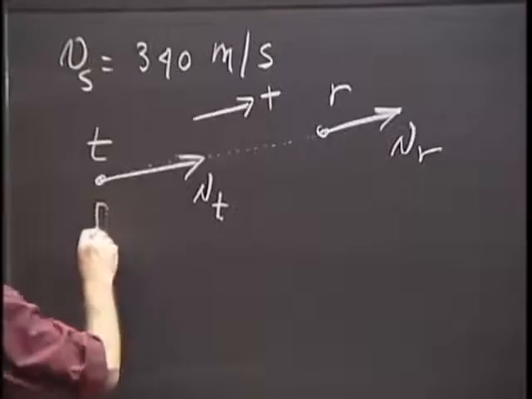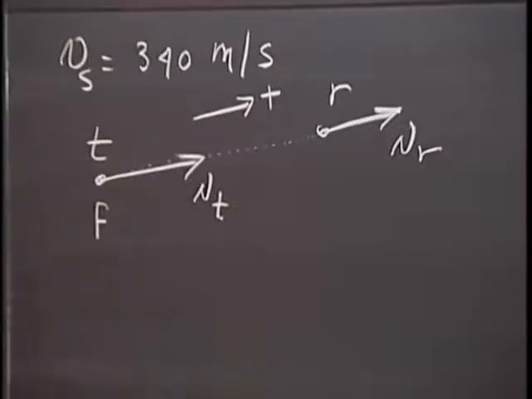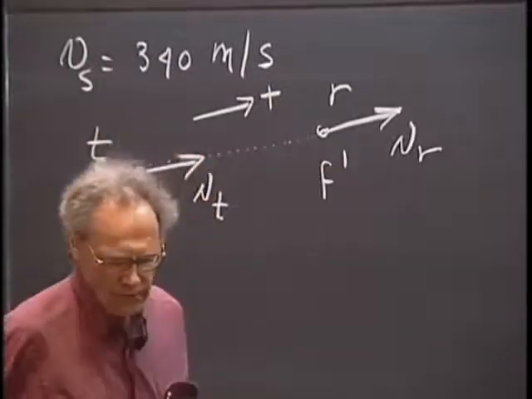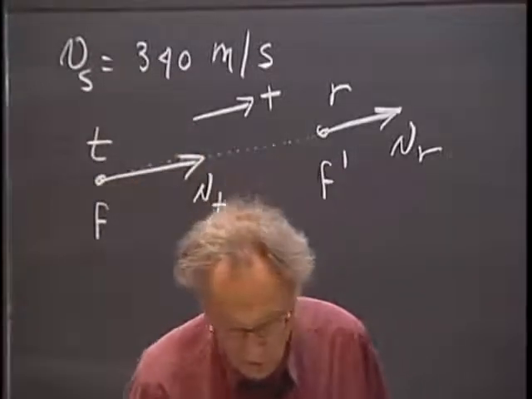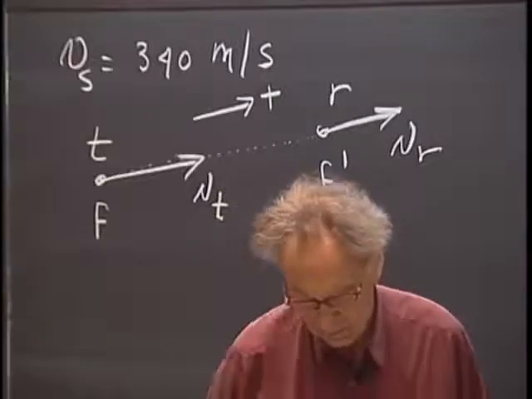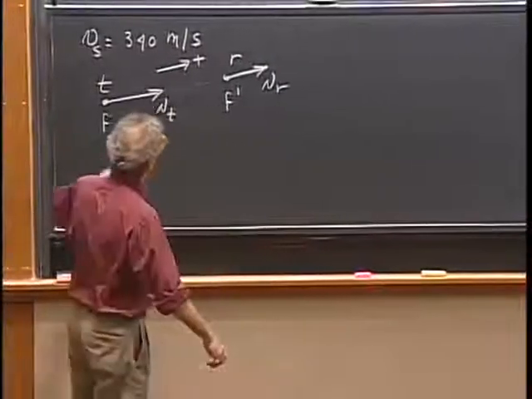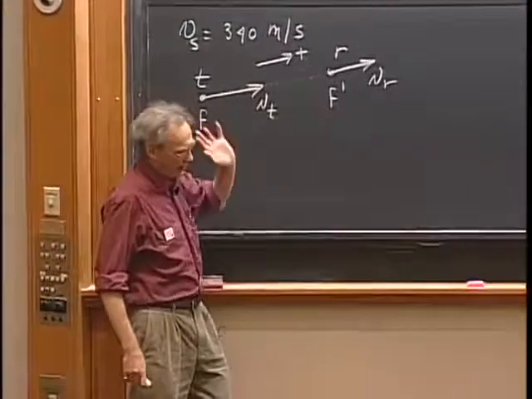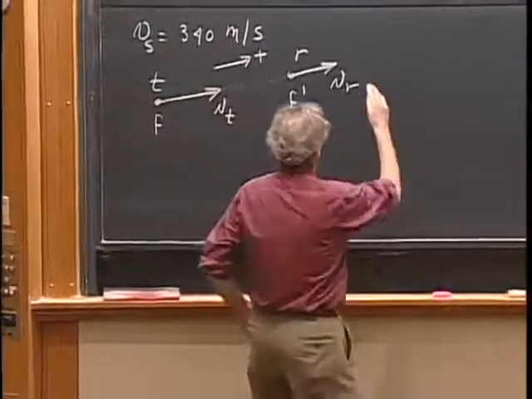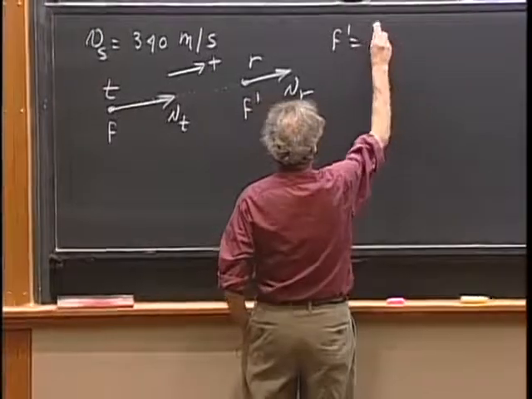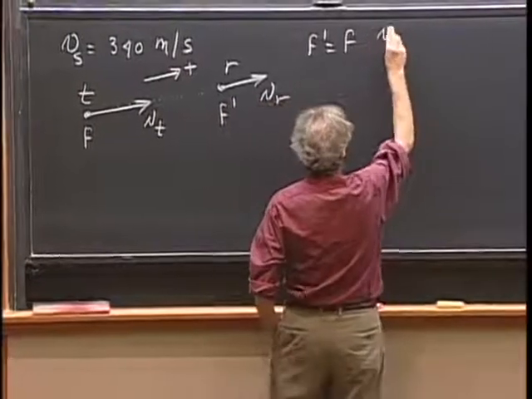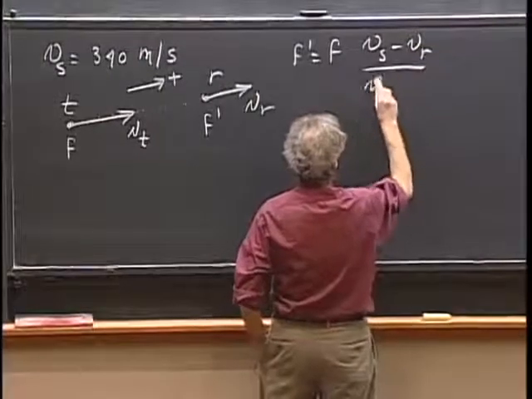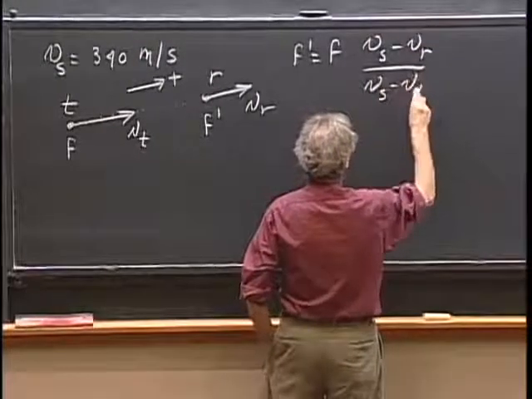The transmitter produces a sound F, but what you receive is a frequency F prime. So F is the frequency. If you go in velocity in this direction, that's positive, and a velocity in this direction then becomes negative. Then F prime is F times the speed of sound minus Vr divided by the speed of sound minus Vt.